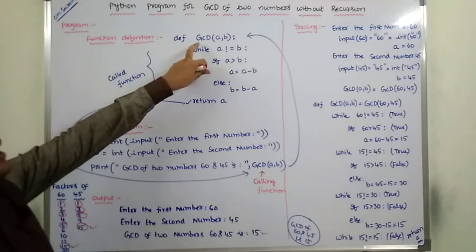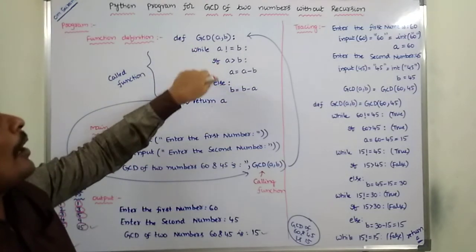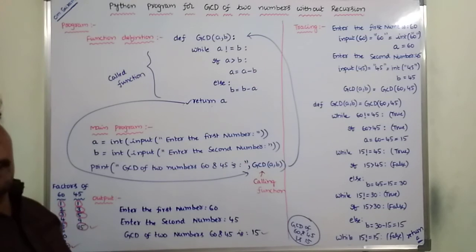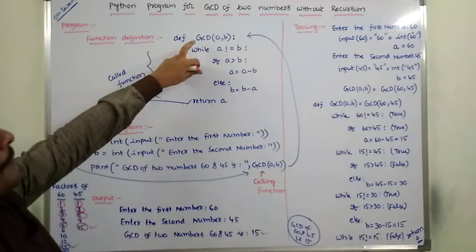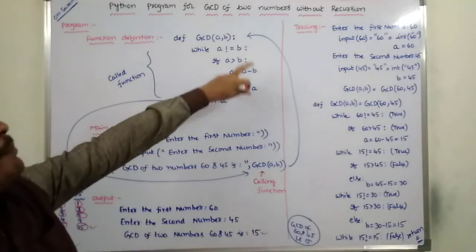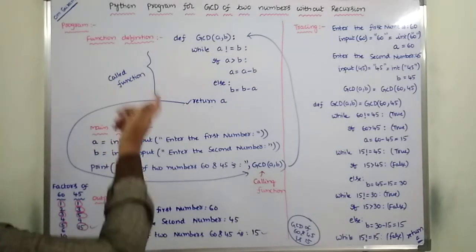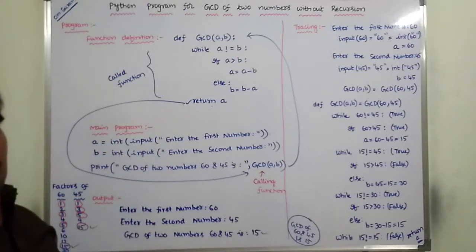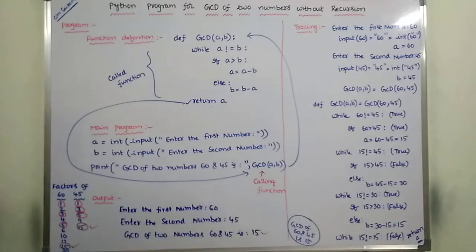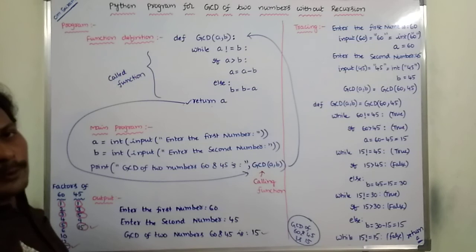The same function is not called in the body of the function, so that is called non-recursion. If the same function name is used in the body of the function, then it is called recursion. Okay, so this is the description of the GCD of two numbers without recursion.